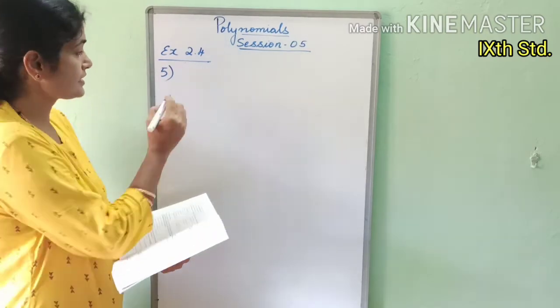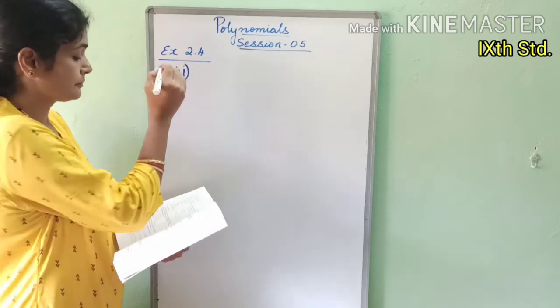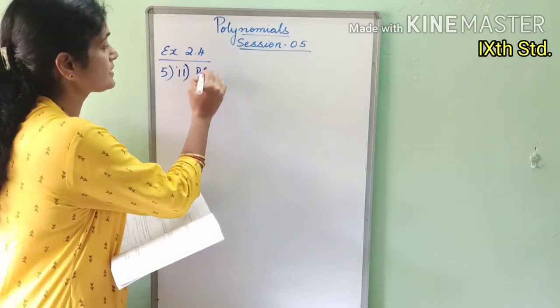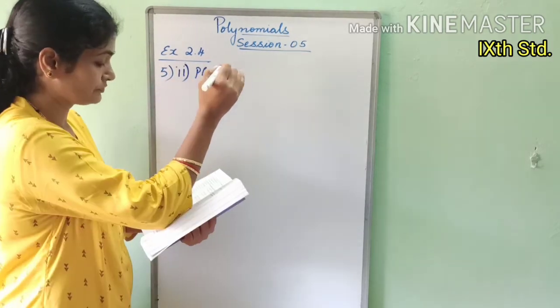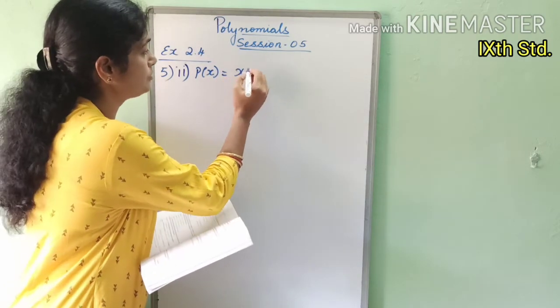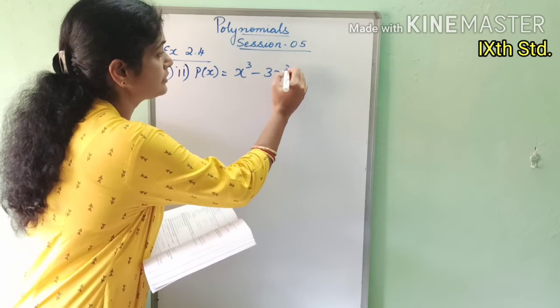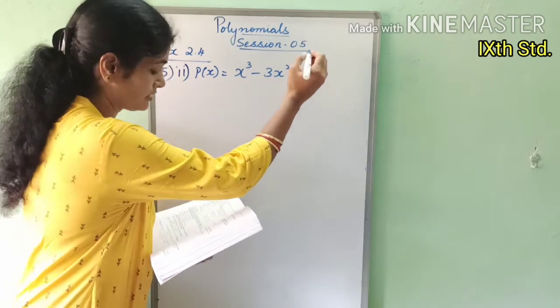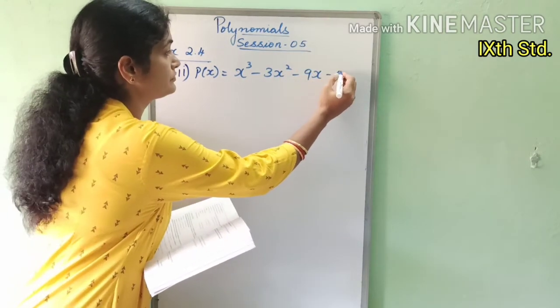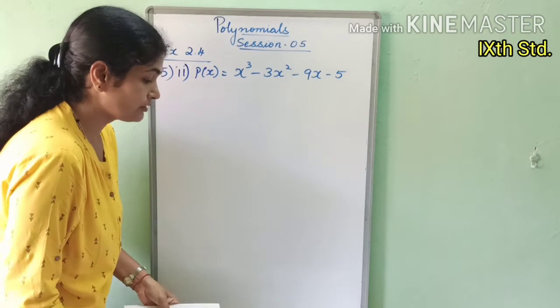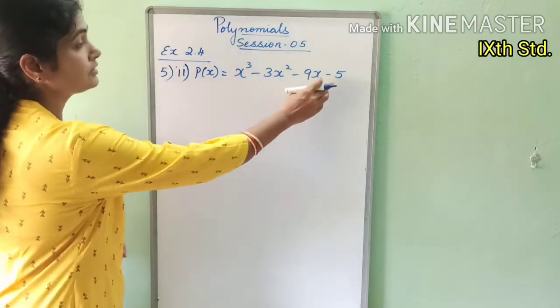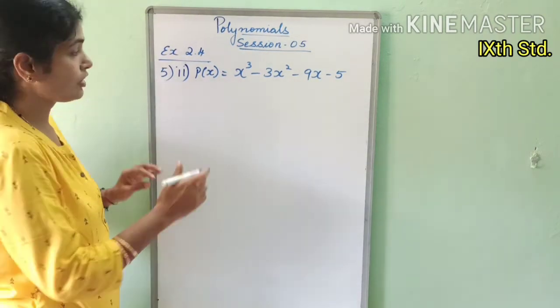We will see the second part of it, where p of x is equal to x cube minus 3x square minus 9x minus 5. So as usual, we will take out the factors of this constant term.